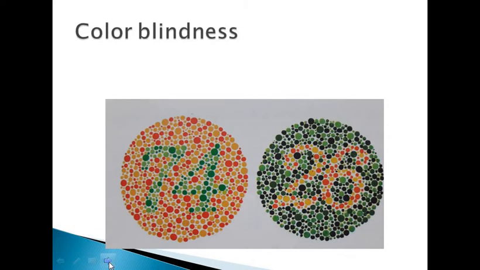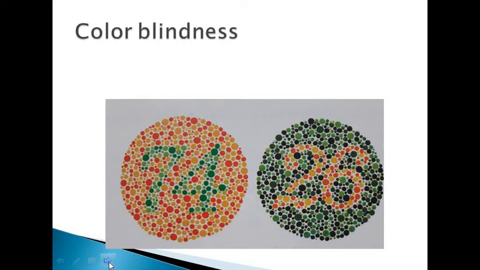What about color blindness? Color blindness is a genetic disease where the eye can't differentiate between red color and green color. If you have color blindness, you can't read the numbers inside the red circle and the green circle.